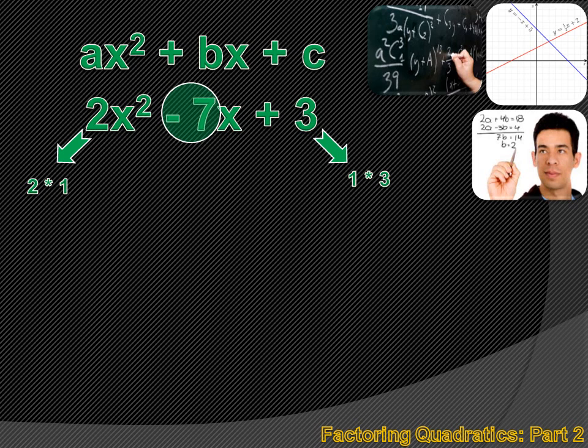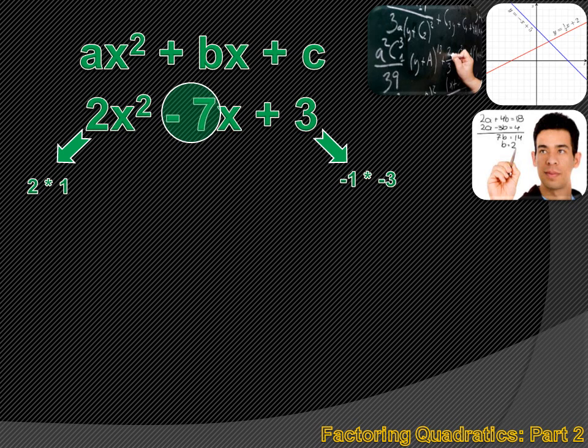I could factor the 3 into a 1 times a 3, but if I add a 1 and a 3, I get a positive number, not a negative number like my b term. So it can't be 1 times 3. My factors have to be negative numbers. And I can really only factor 3 and get negative numbers. I can only do that one way. Negative 1 times negative 3.